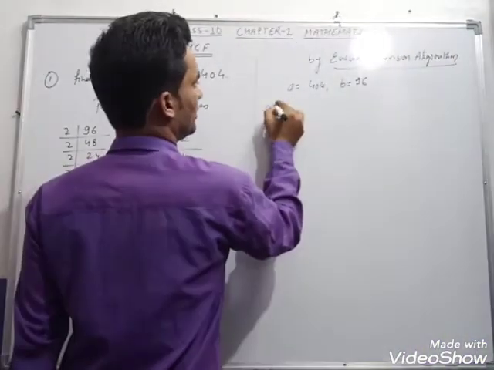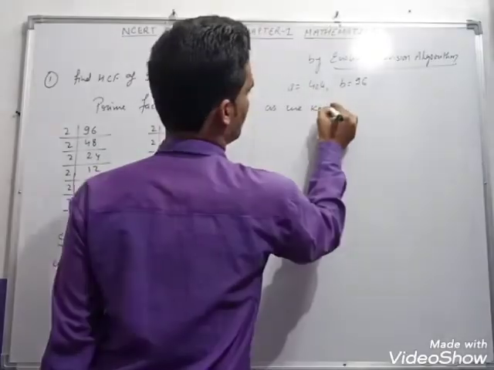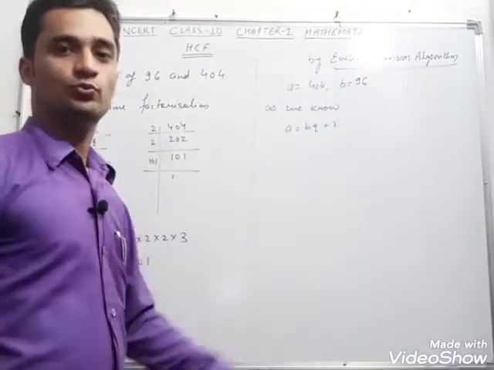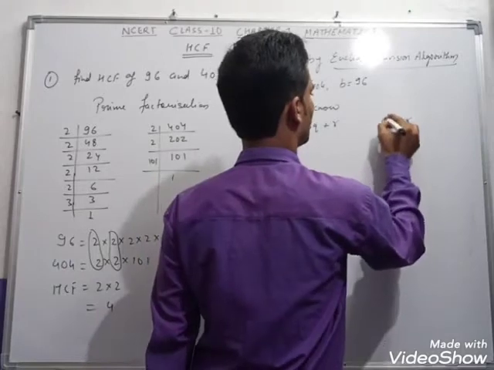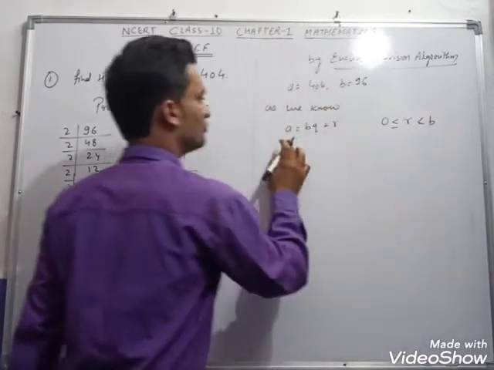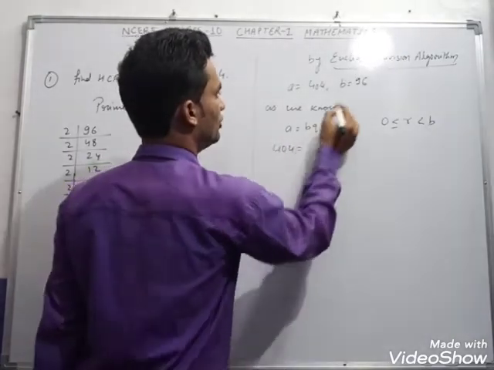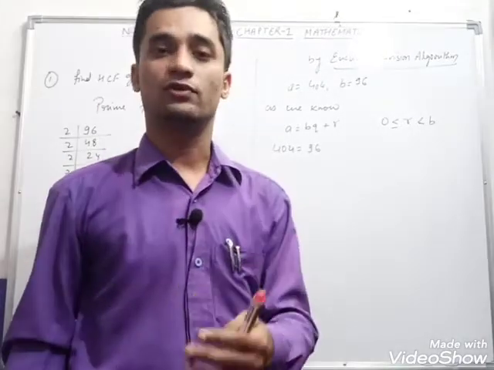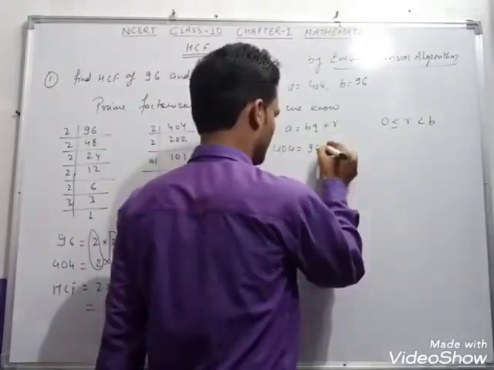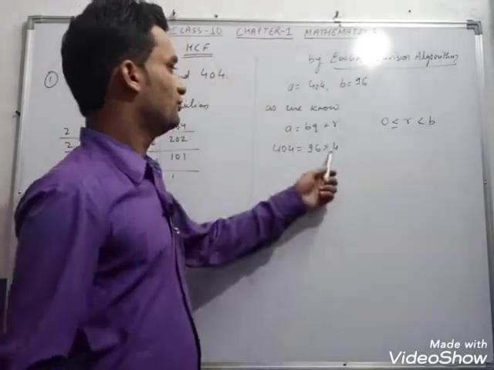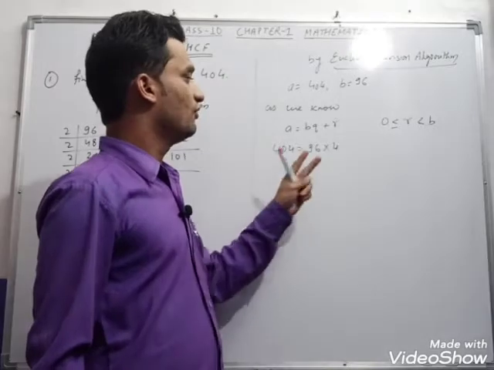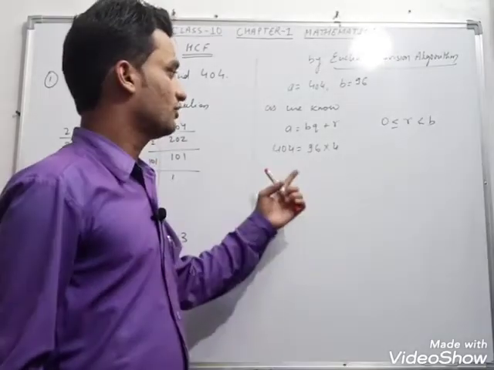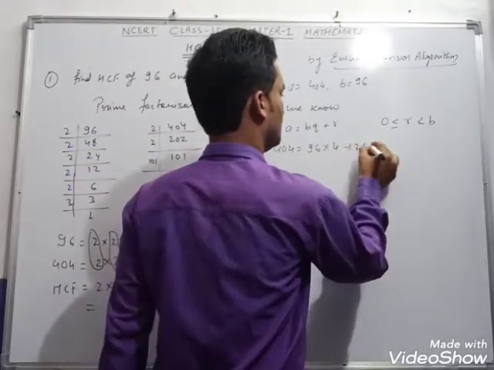So as we know, A equals BQ plus R, where R must be greater than or equal to 0 and less than B. So here you can see 404 is equal to, value of B is 96. 96 into 4, because 100 into 4 is 400, so near about we can understand already, it will go 4 times. 4 times 6 is 24, carry 2, 4 times 9 is 36 and 2 is 38, means 384. So 404 minus 384, and the remainder will be 20.